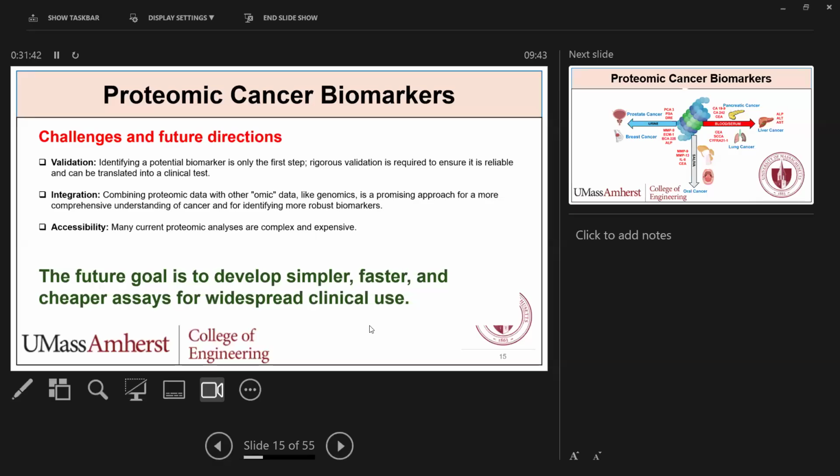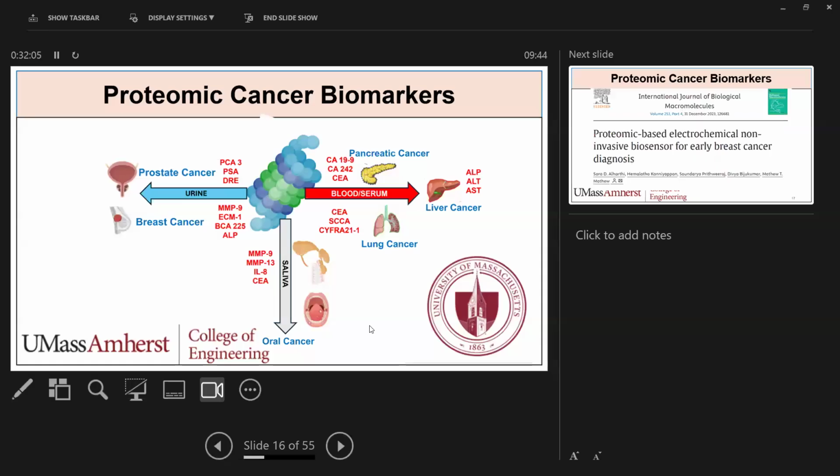And then integration, combining this proteomic data with genomics, is a very good approach for understanding cancer and finding robust biomarkers. Many proteomic analyses are complex and expensive. So the future goal is to develop simpler, faster, and cheaper assays for widespread clinical use.